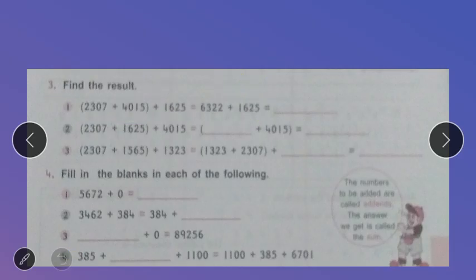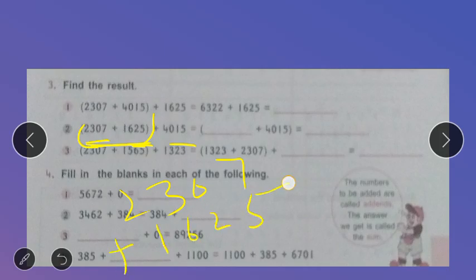Question 2, 2307 plus 1625 plus 4015. So these two are in brackets. So first of all you have to solve the bracket. You have to add these two numbers, 2307 plus 1625. 6 plus 5, 11 plus 1, 12. 2, 3, 6 plus 3, 9, 3. 3932.